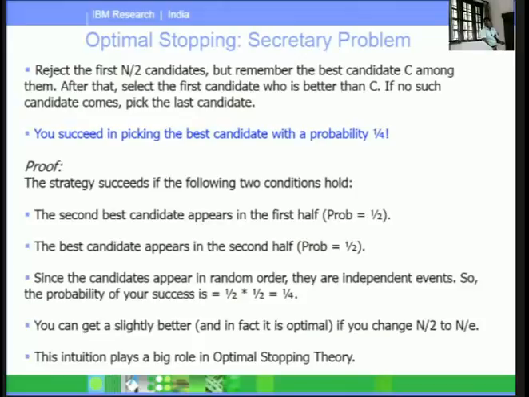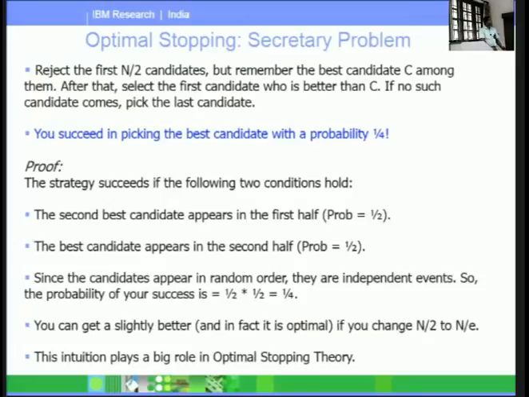And since you are going to pick the candidate whose score is immediately better than C, you want the second best guy in the first half. If the second best guy is in the first half, and the best guy is in the second half, your strategy will definitely succeed. Are you convinced?